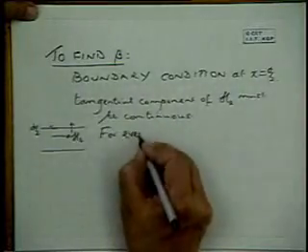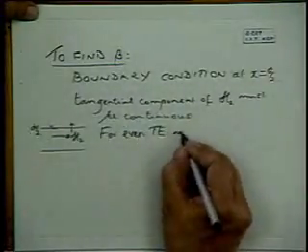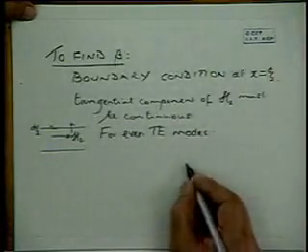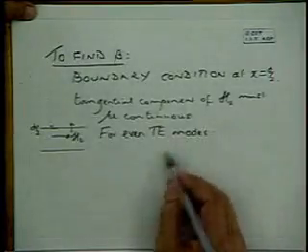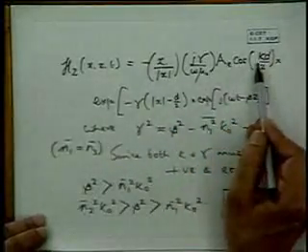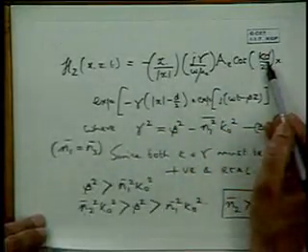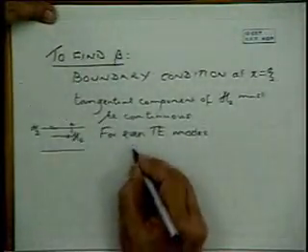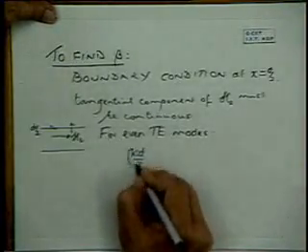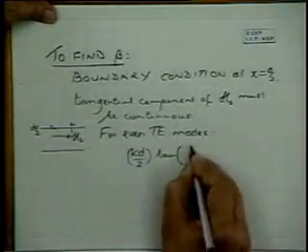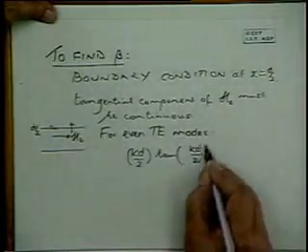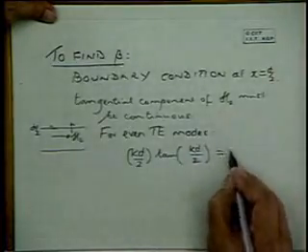For even TE modes, even meaning symmetrical with respect to x, the relation then is, if you look at the values of Hz, take the value of Hz for x greater than d by 2 and x less than d by 2, and you equate it, then you find that the condition is that k d by 2 tan k d by 2, because in one relation there's sine, in the other relation there's cos, so you divide, you get tan k d by 2 is equal to gamma d by 2.